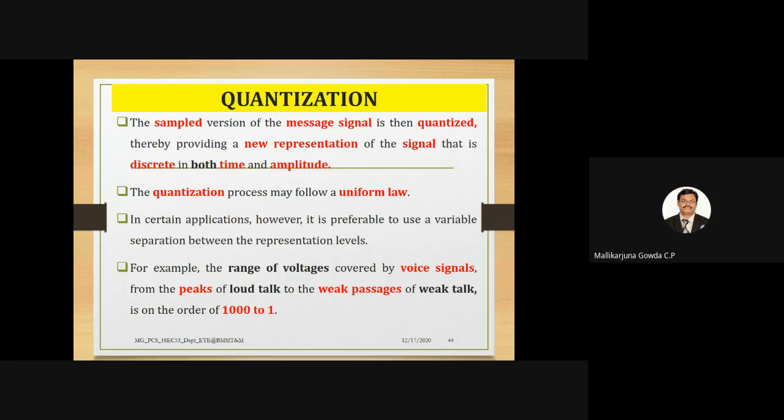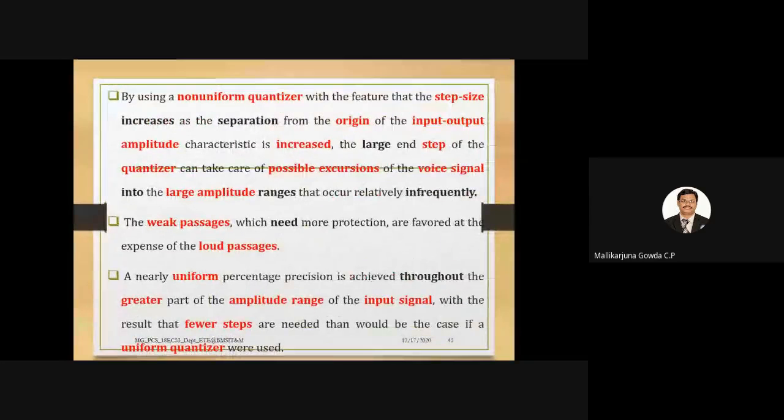So in case of non-uniform quantizer, what is going to be done? The spacing between the representation levels is not uniform, so we represent with a different step size. Low amplitude levels are represented by small step size, and high amplitude levels are represented by large step size. So there will be variations in the step size.